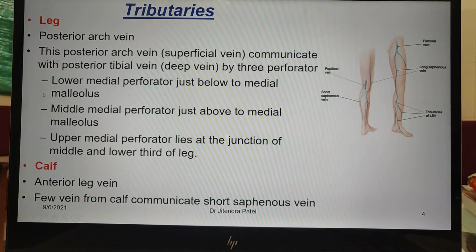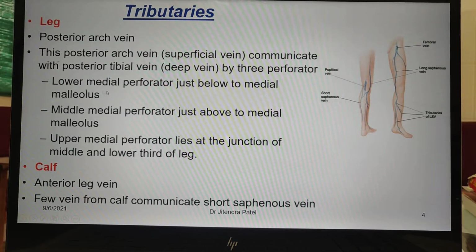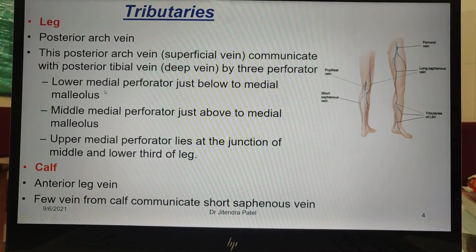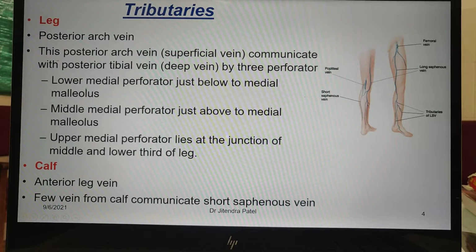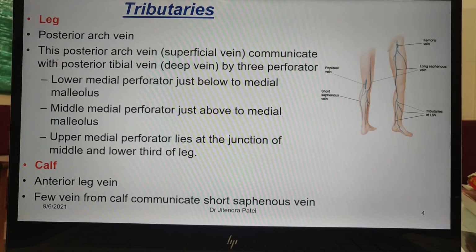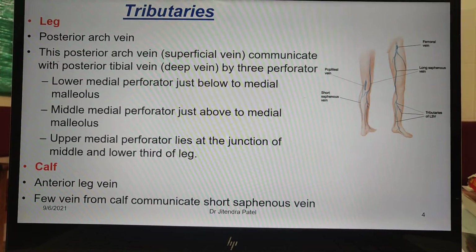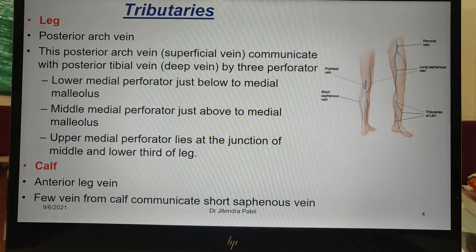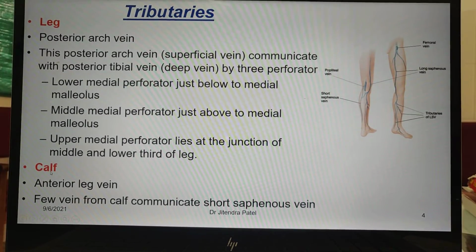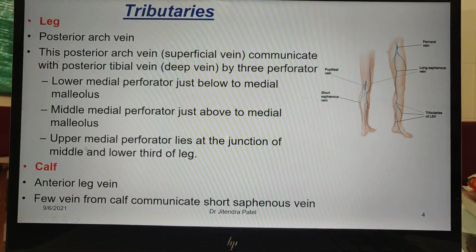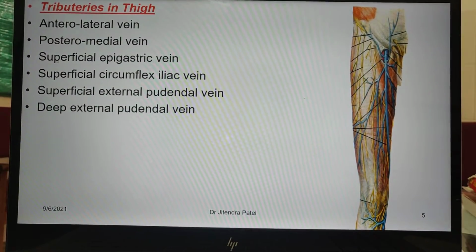The lower medial perforator lies just below the medial malleolus, the medial perforator just above the medial malleolus, and the upper medial perforator lies at the junction of the middle and lower one-third of the leg. Other tributaries in the calf are the anterior leg vein, and a few veins from the calf communicate with the short saphenous vein.